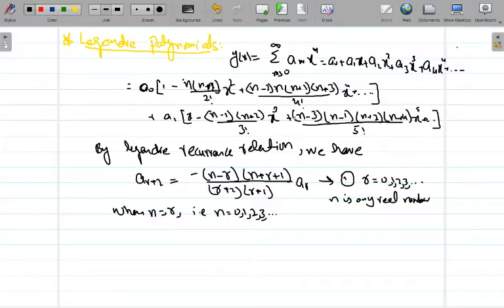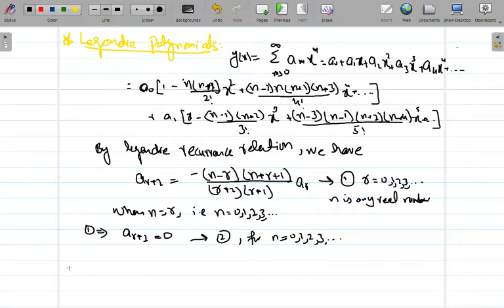So from equation 1, a(r+2) is equal to 0, because when n is equal to r, this term will be 0 and this whole multiplication becomes 0, so the right side will be equal to 0. This is equation 2, and this can happen for any n equal to 0, 1, 2, 3 and so on.